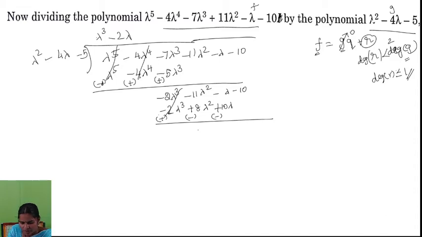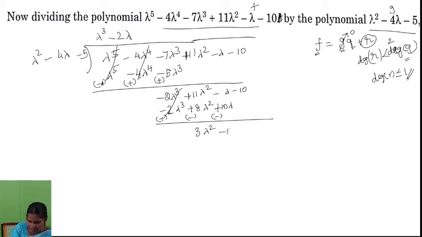Now here, sorry, plus lambda. So if we have plus 11 lambda squared, therefore 11 minus 8 is 3 lambda squared.